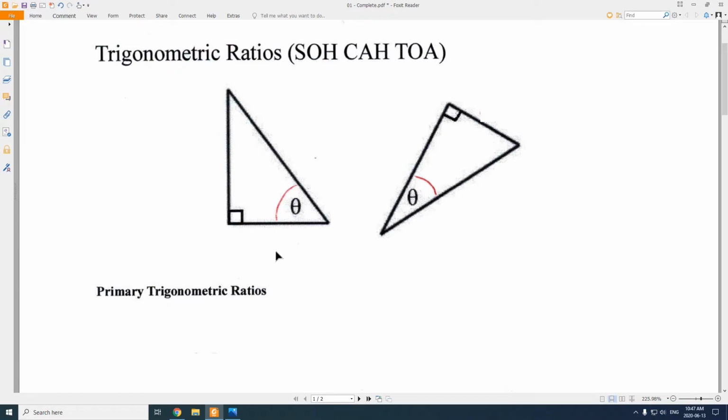side lengths. So for example, let's say I was looking at this triangle, and it was, we'll say this angle was 40 degrees. And I go and I measure my lengths here. And I look at the ratio, the fraction between those two lengths. And then I go and I look at a different right angle triangle, a bigger one, that's also 40 degrees, and I look at the ratio between its side lengths.